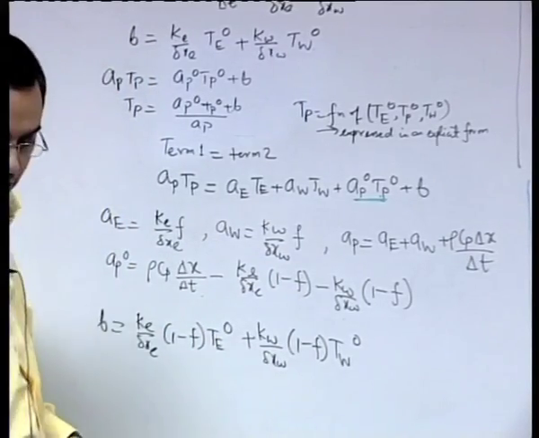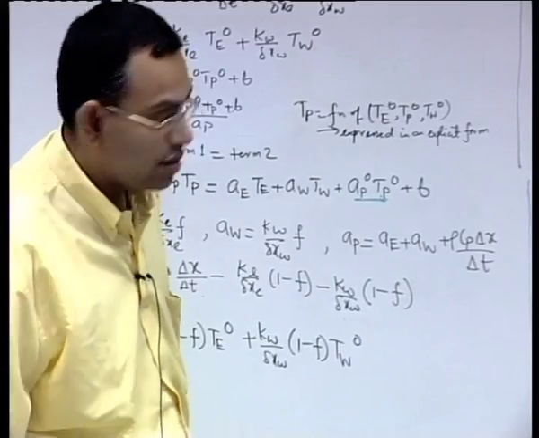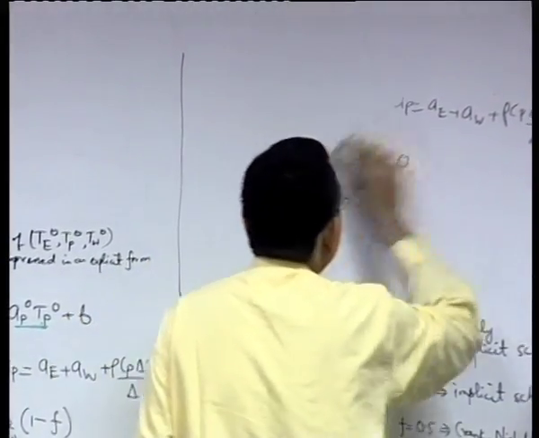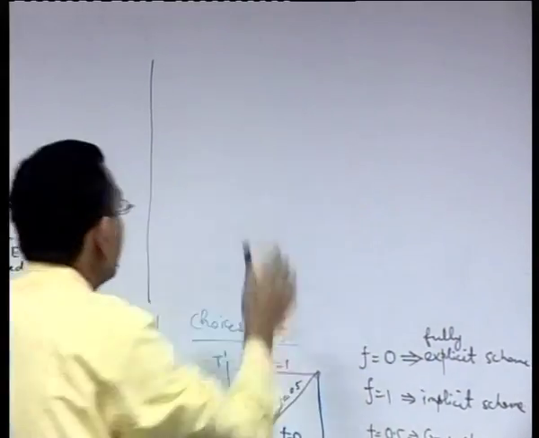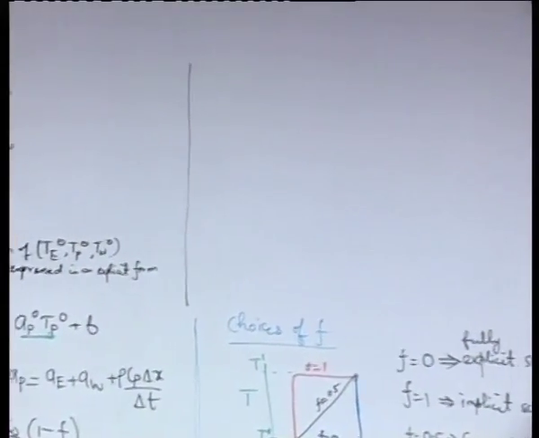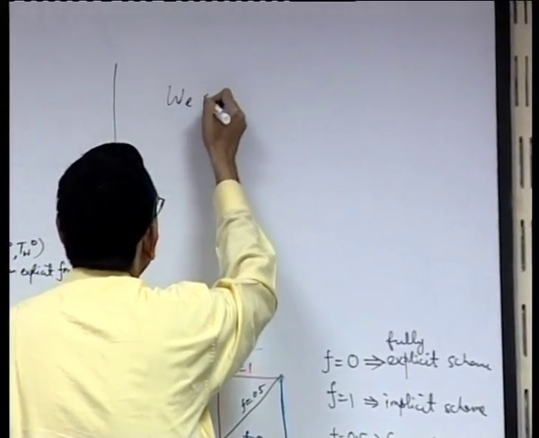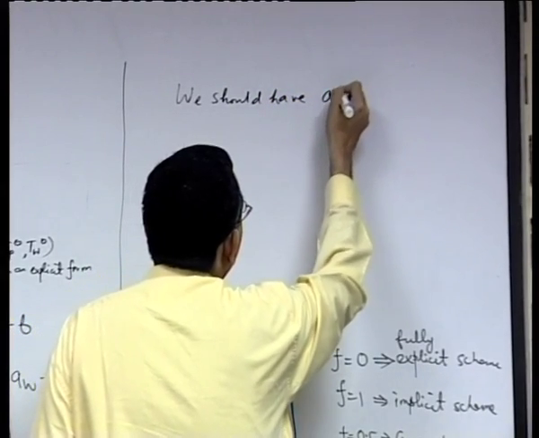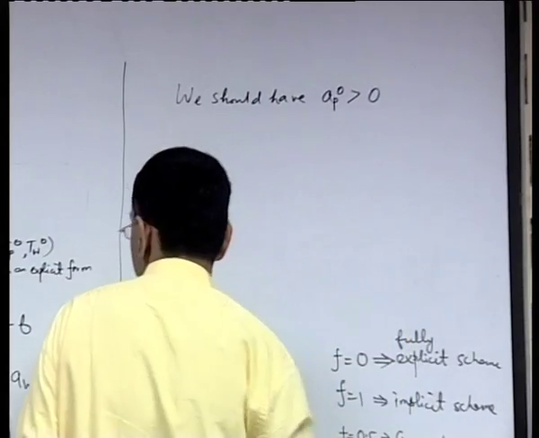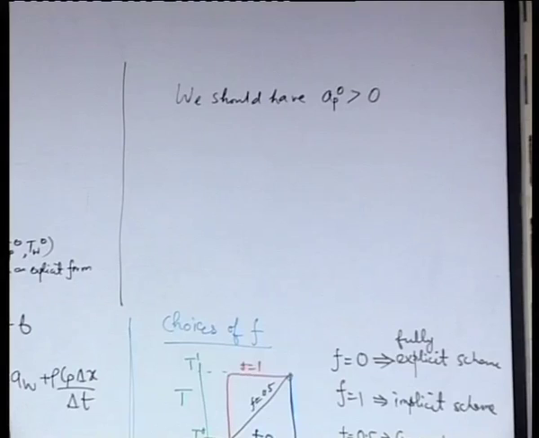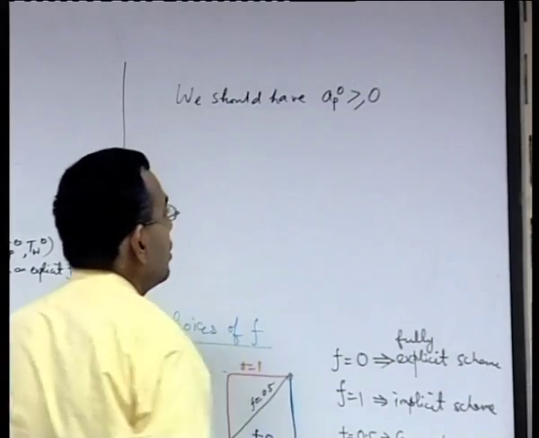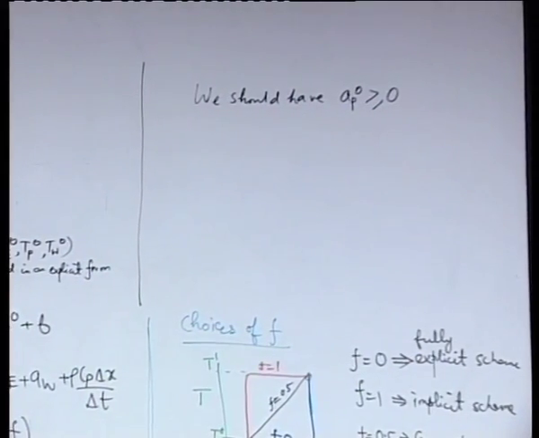So, let us consider the sign of AP naught, and note that we should have AP naught greater than 0. You can also put an equality, with the sense that it can be greater than or equal to 0.